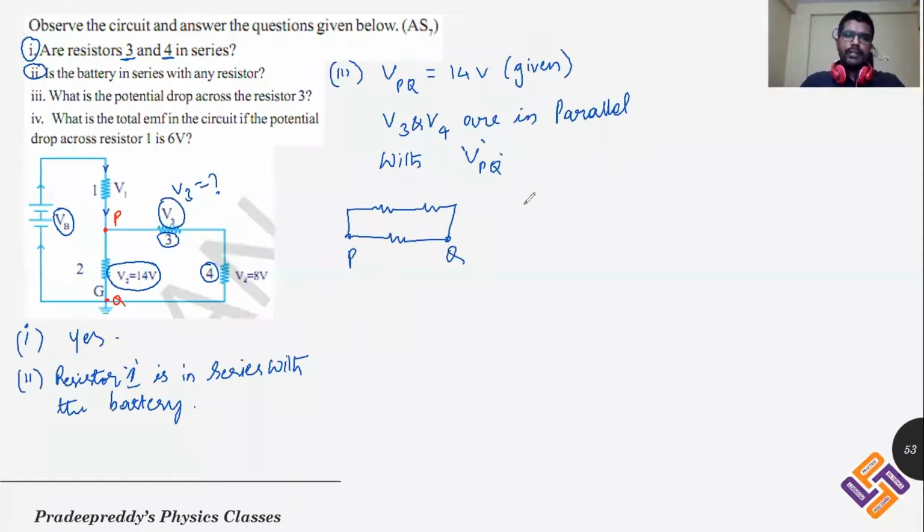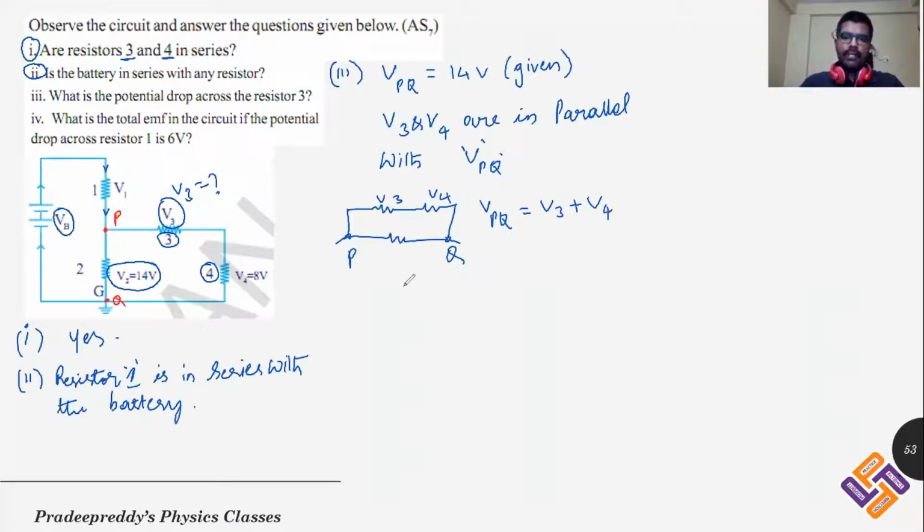Therefore, voltage VPQ should be equal to the voltage across V3 and V4 together, because whatever voltage is there from P to Q is divided among V3 and V4, since they are connected in series. Therefore, VPQ is equal to V3 plus V4.